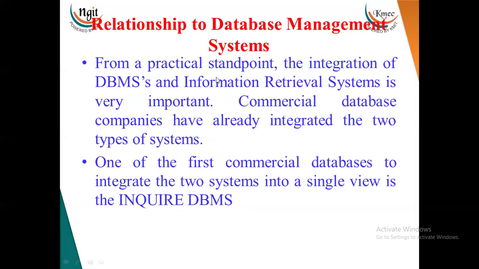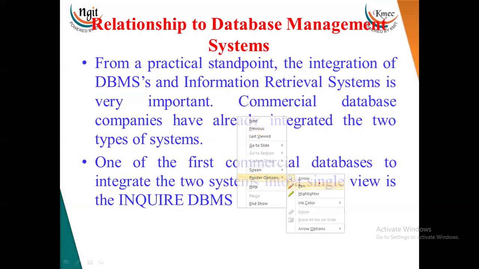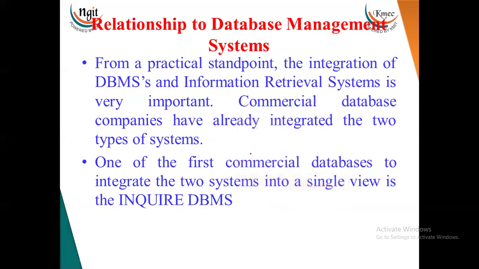Okay. So next, what is the practical relationship to your database systems? You'll have different types of commercial databases, and all these databases are integrated in order to provide you a complete IRS. So you have the Inquire database system, which is a single view, a commercial one, used to integrate two different types of databases.